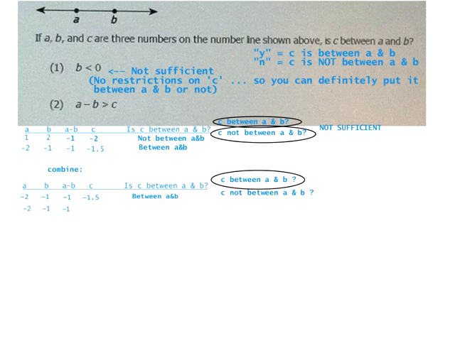So just pick something that's below minus 2, yeah, minus 1,000, they're not between A and B. Done. Got both. Still not sufficient. It's E. So there you go.